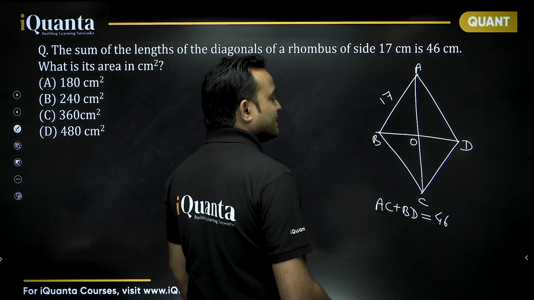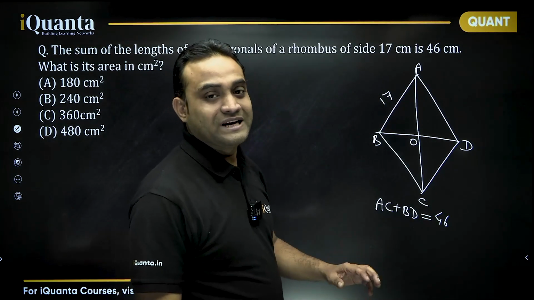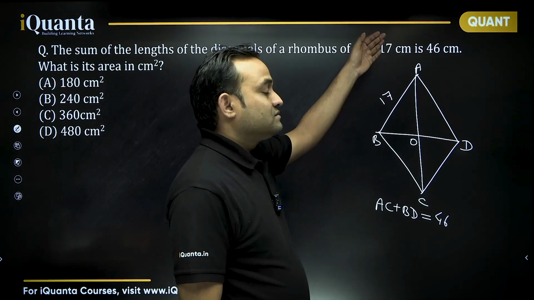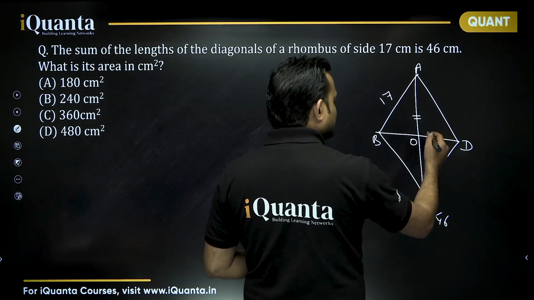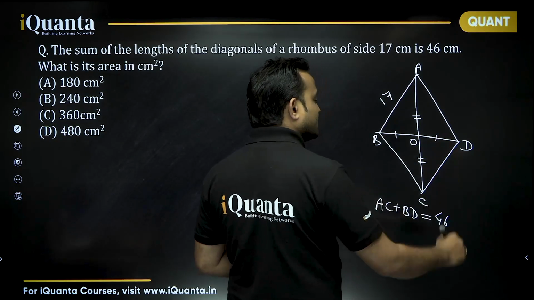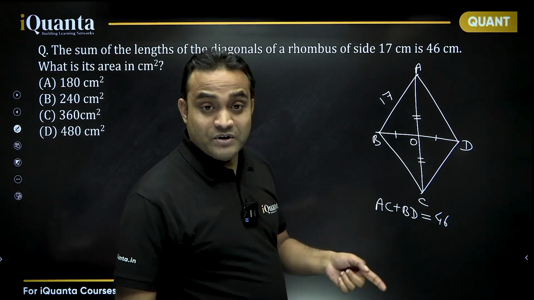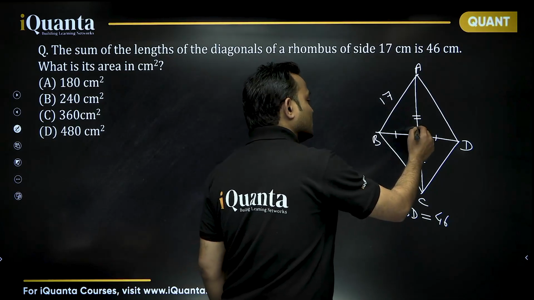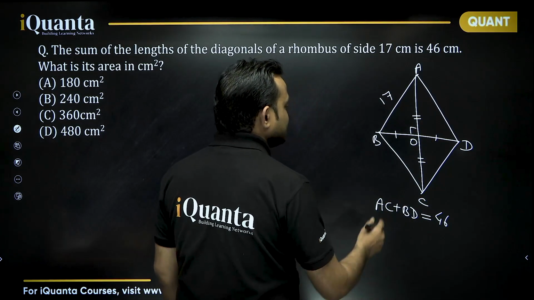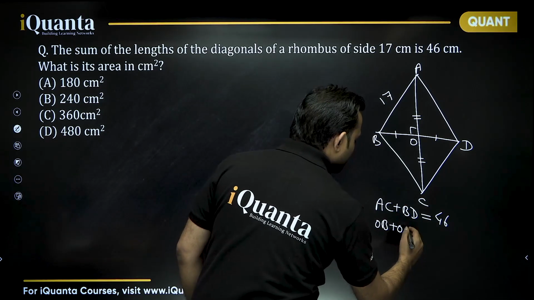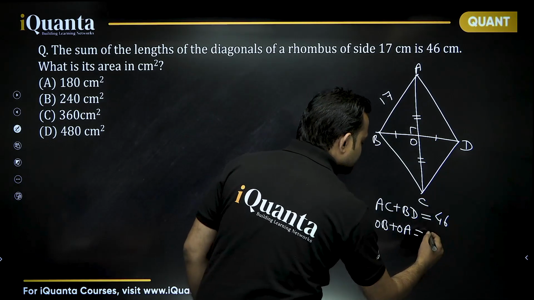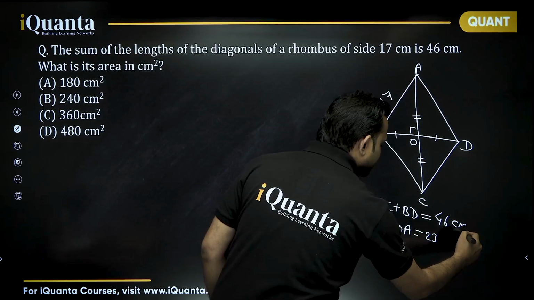Can we say in any rhombus or in any parallelogram, the diagonals bisect each other? So OB will be equal to OD. But in rhombus, the diagonals are also perpendicular to each other. Can we say that OB plus OA will be half of this, which is equal to 23 centimeters.